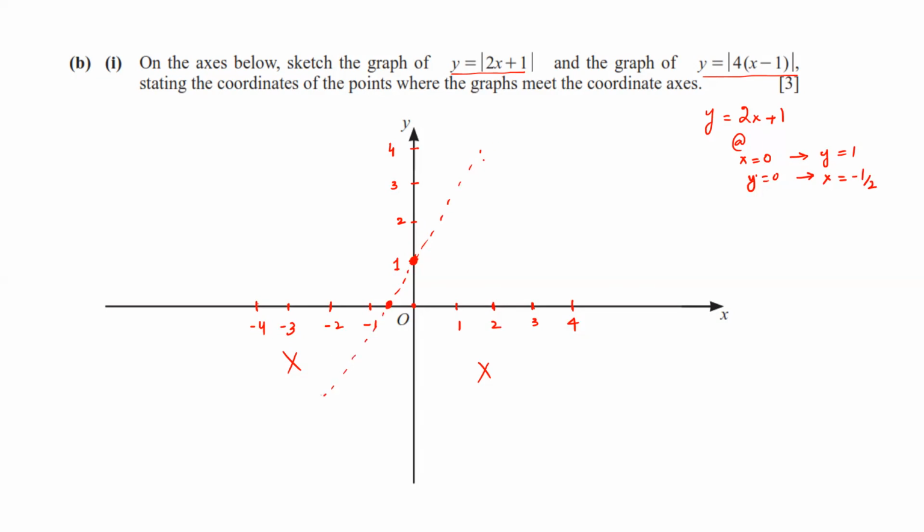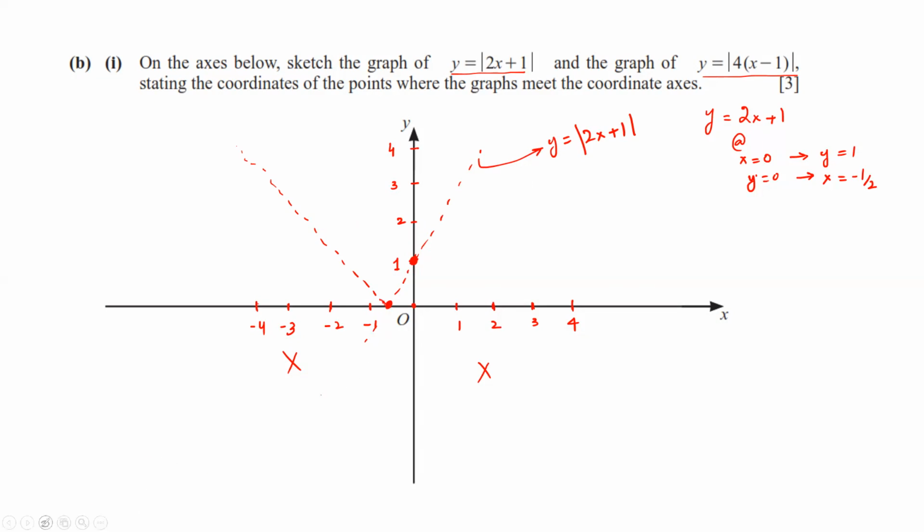So this is y is equal to 2x plus 1. But if we have to take mod, whatever goes below the x-axis will be reflected. So just reflect this line. So my graph will look something like this.